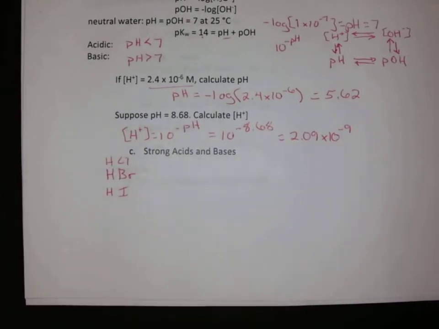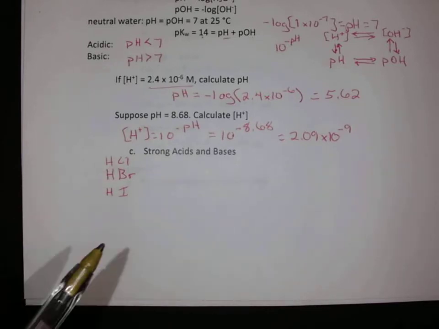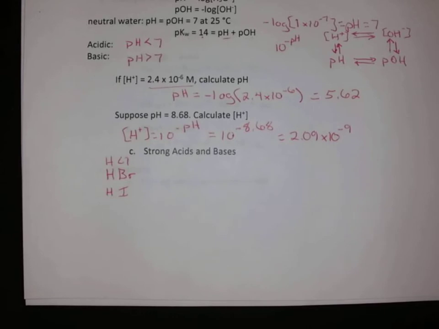These are really electronegative elements, and they're pretty large, right? So this H plus is going to be lost pretty easily because large electronegative, it's going to be a very stable conjugate base, okay?